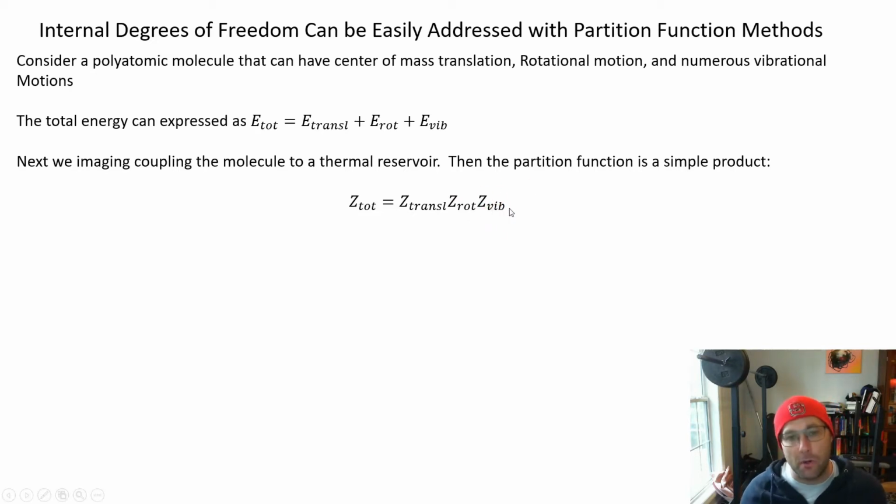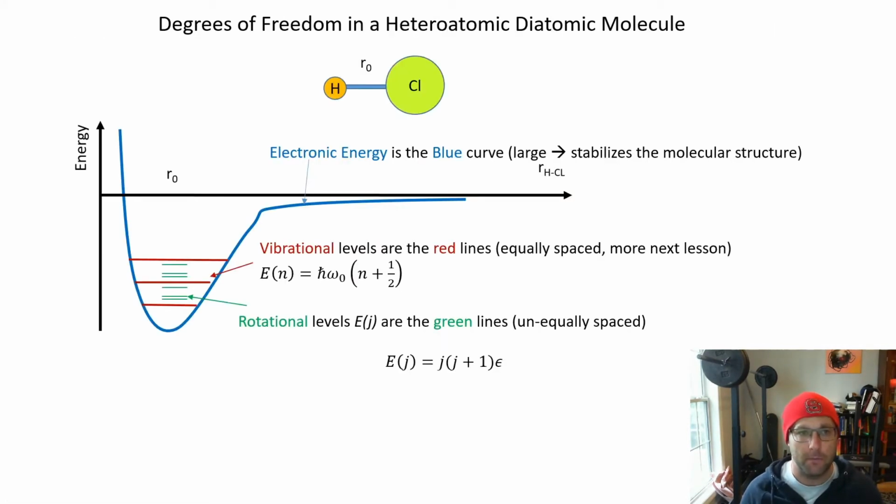And I think the vibrational one we can actually say quite a bit more about and be less approximate and wishy-washy. So just to remind you of the picture, we've got a molecular energy diagram where the electronic energy is this deep well, and then the internal degrees of freedom are quantized levels within that well.